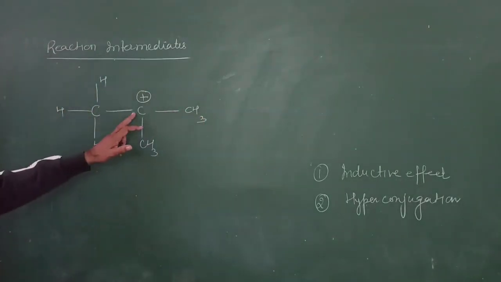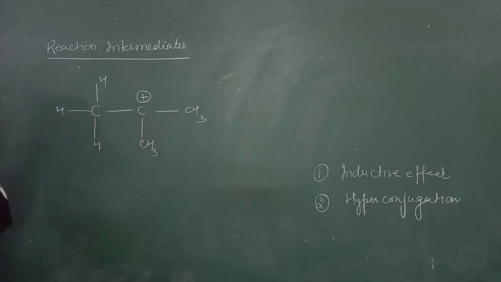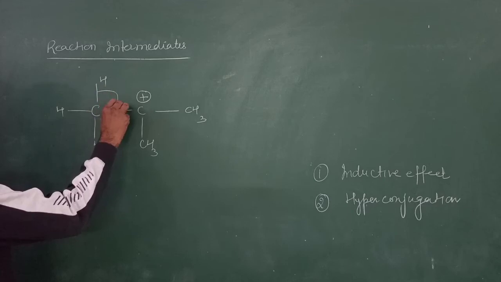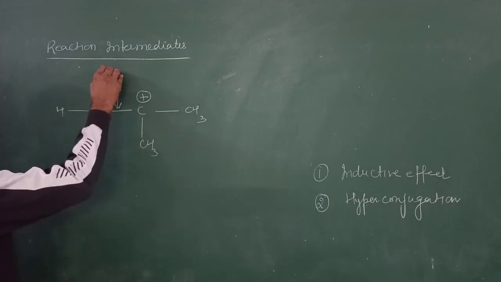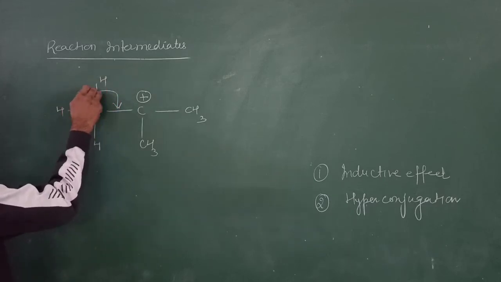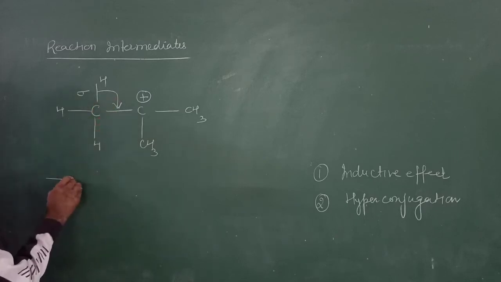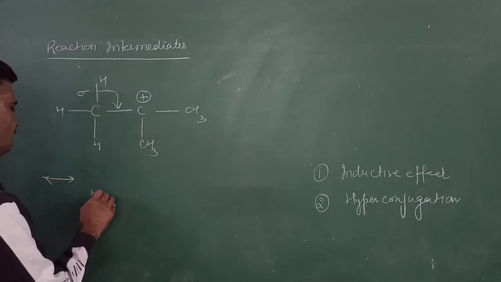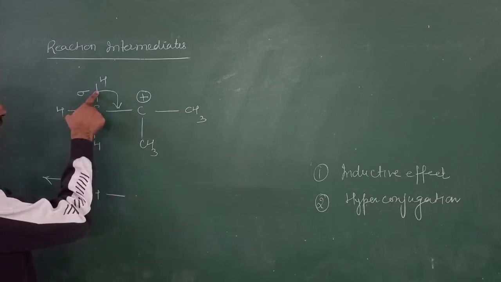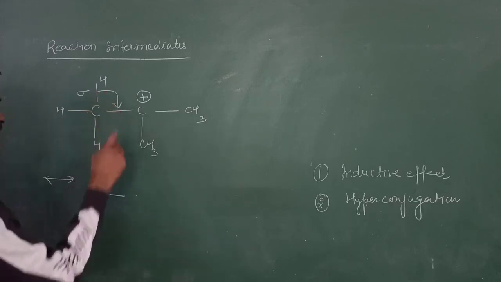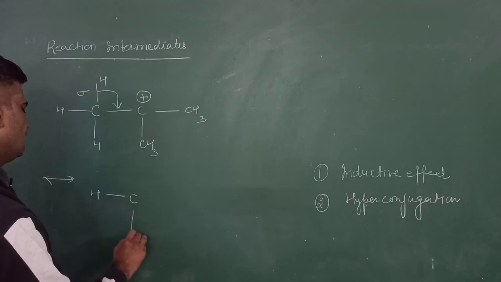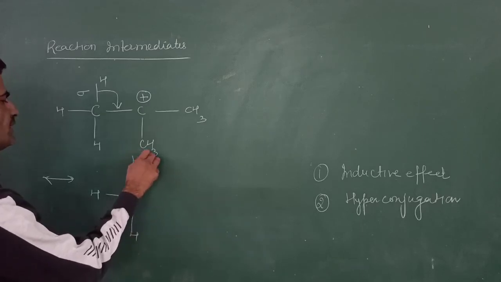This carbon is positively charged, and here is an empty p orbital. The sigma electrons of this hydrogen are transferred to this p orbital, and this transfer of the sigma electron to the pi system is involved in the hyperconjugation.